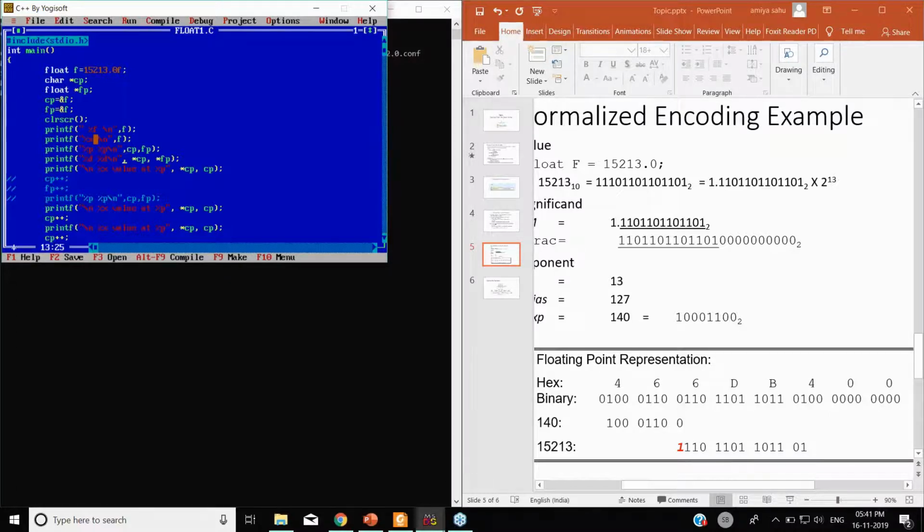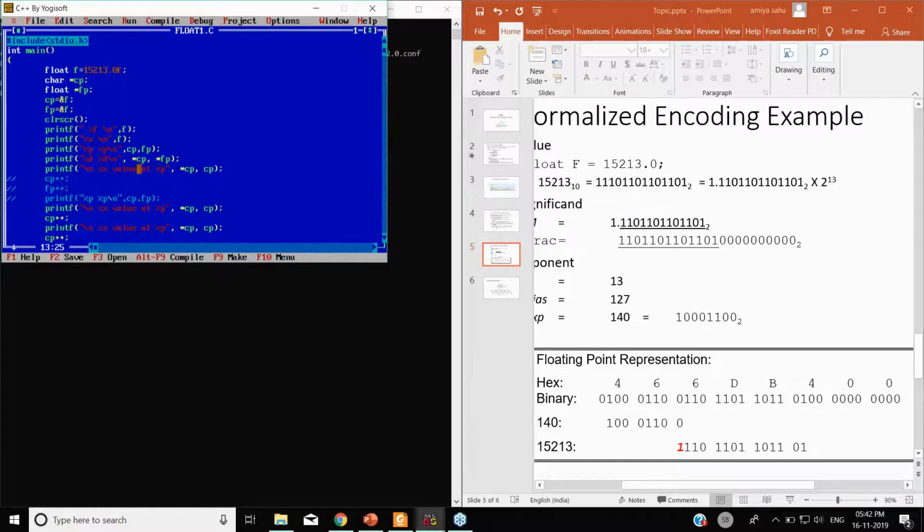We have also printed the value of the character pointer and float pointer. Star CP signifies the value at that address. So if CP has a certain address, then we go to that address and look for its value, and the value will be printed in %d format, that is decimal format. We have already learned this in C programs.